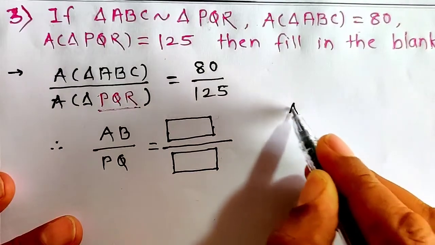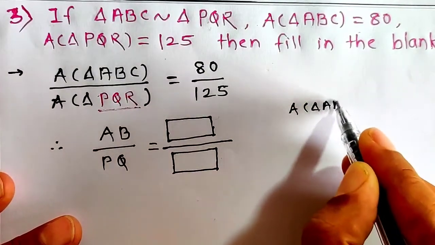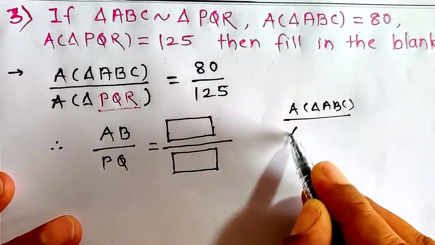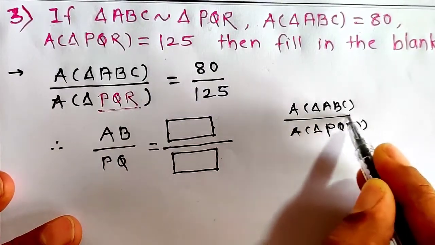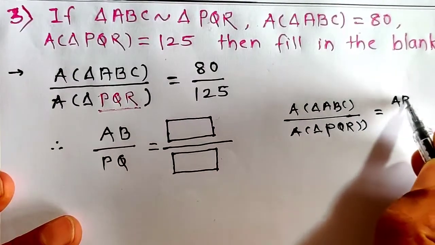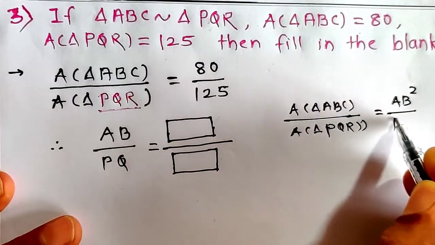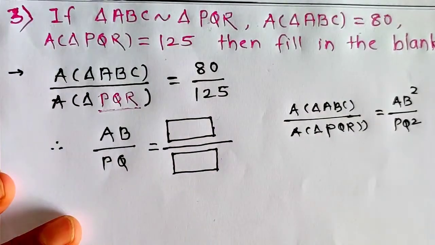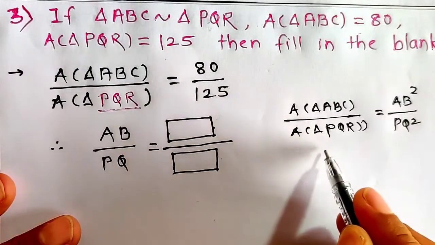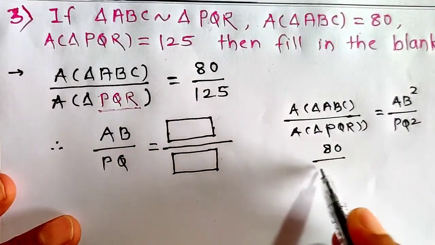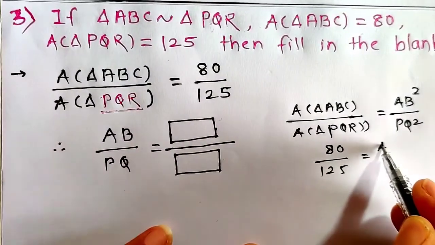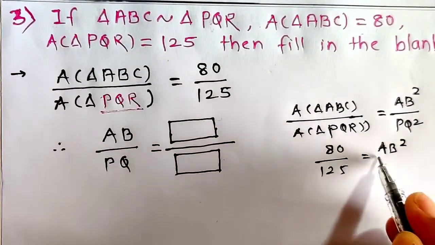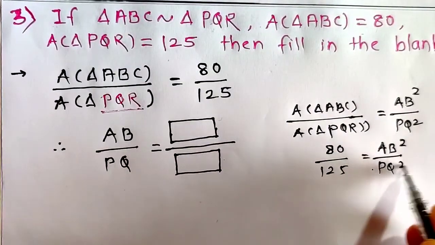So area of triangle ABC divided by area of triangle PQR, by this theorem, is equal to AB square upon PQ square. The reason is the theorem of areas of similar triangles. This ratio is given, 80 divided by 125 is equal to AB square upon PQ square.